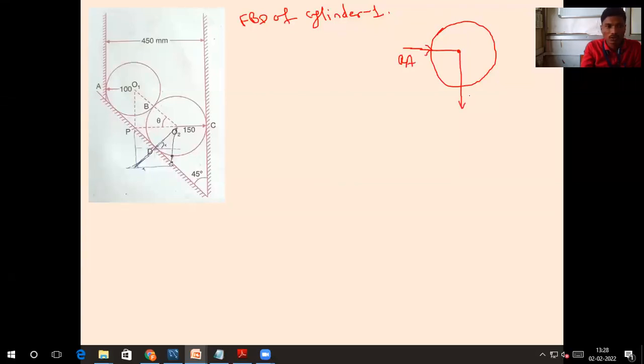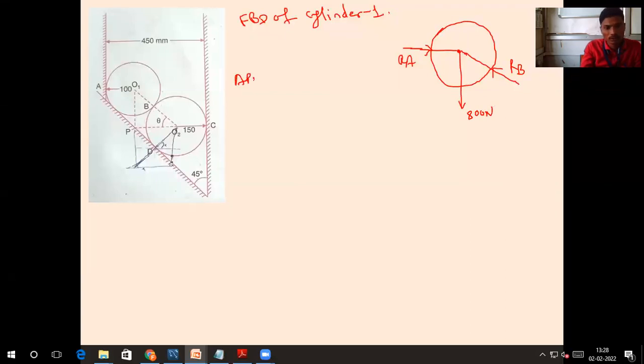Which force is vertical? How much is it? Can someone guide me? How much is its weight? 800 Newton. 800.